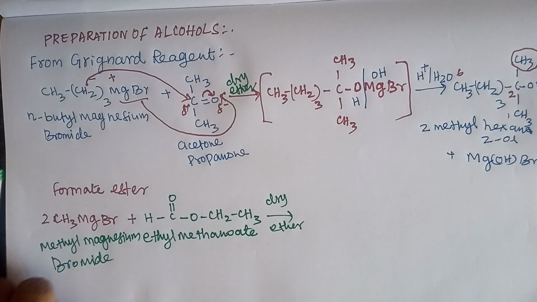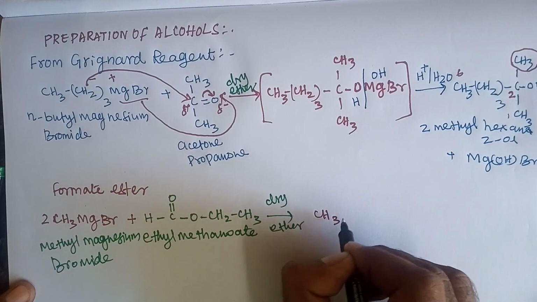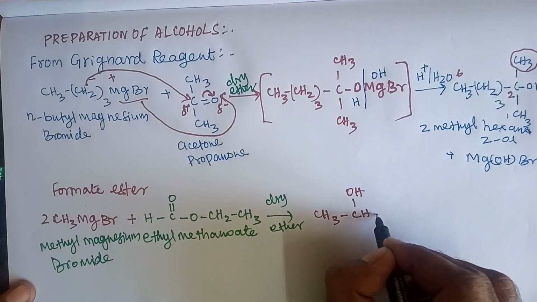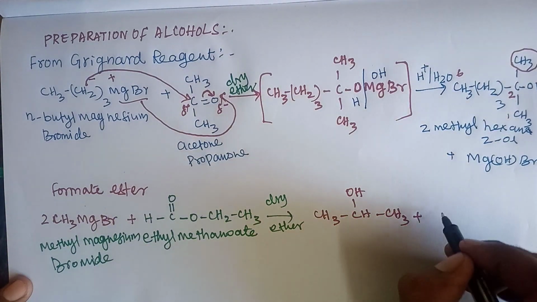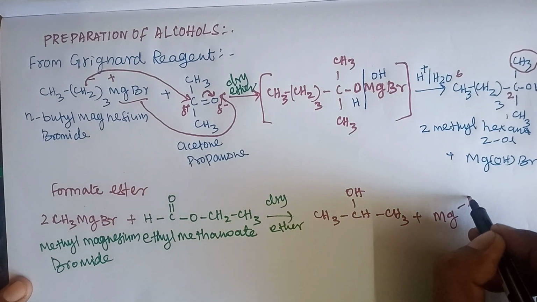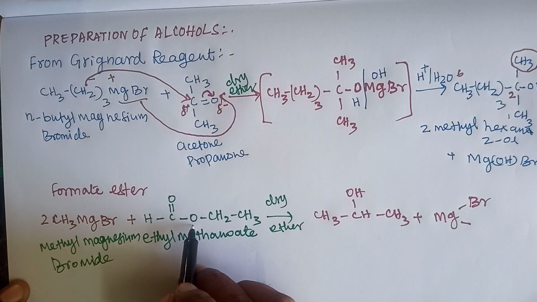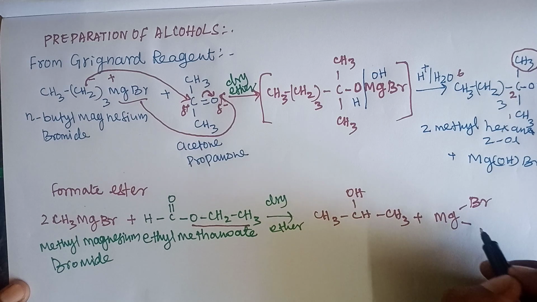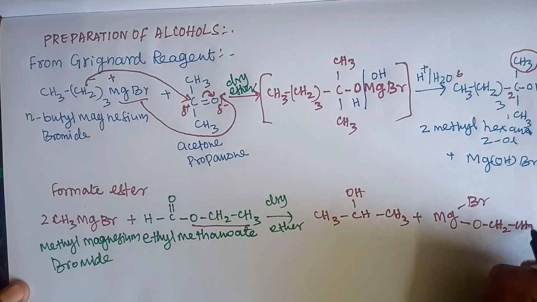It gives CH3, CHOH, then CH3, plus this MgBr, then this group goes with the magnesium O, CH2, CH3.